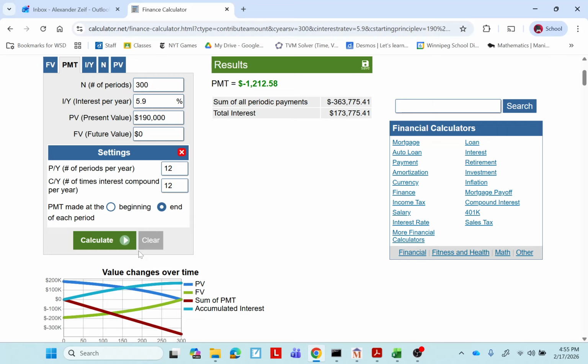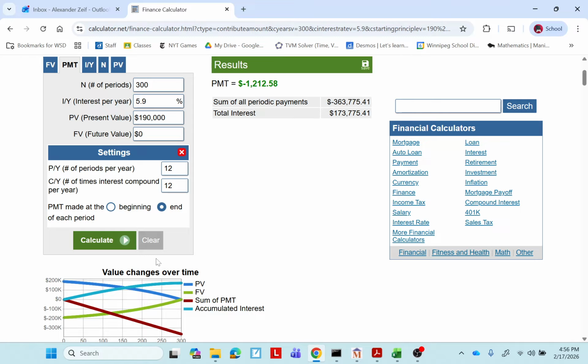So we are still going to have this set up here, only now what's going to happen is my future value is what we're going to be solving for. We want to solve for the future value, or the value 5 years into the future. So we're still going to have the same setup here. Only now for the payment, we're going to put our payment number here, which is minus $1,212.58.